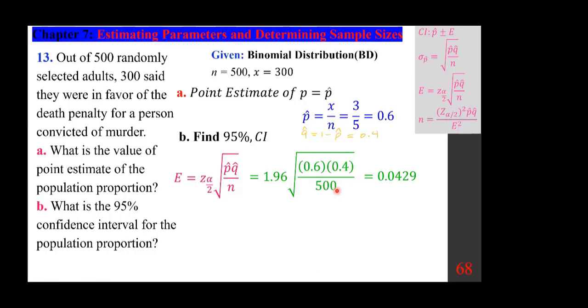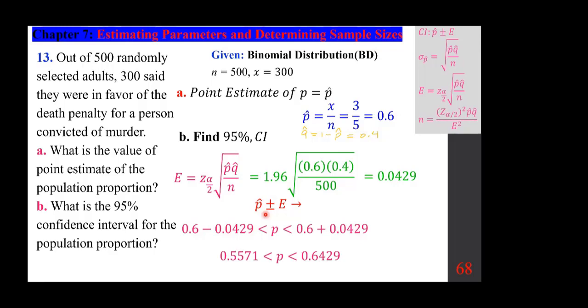That is the E. We are going to add and subtract this number to the p hat. That gives us the confidence interval. So p hat is 0.6, subtract from it, add to it, and there we have it. Now, what does it mean? We are 95% confident that the true population proportion is somewhere between.